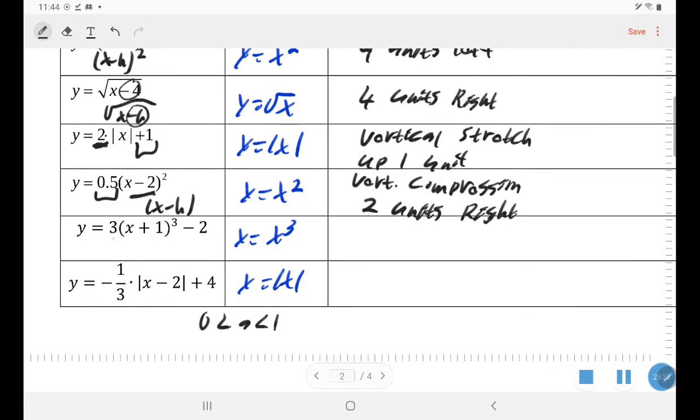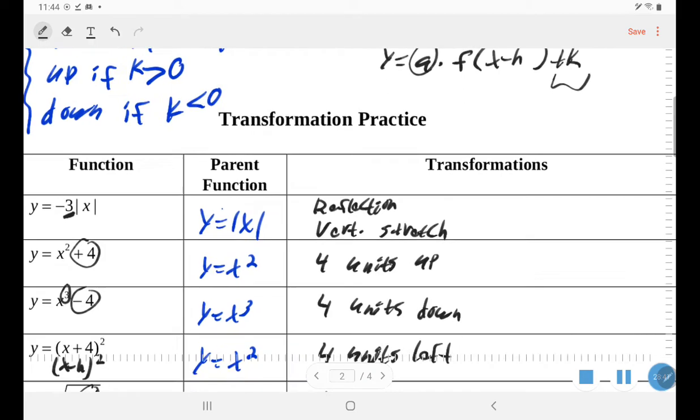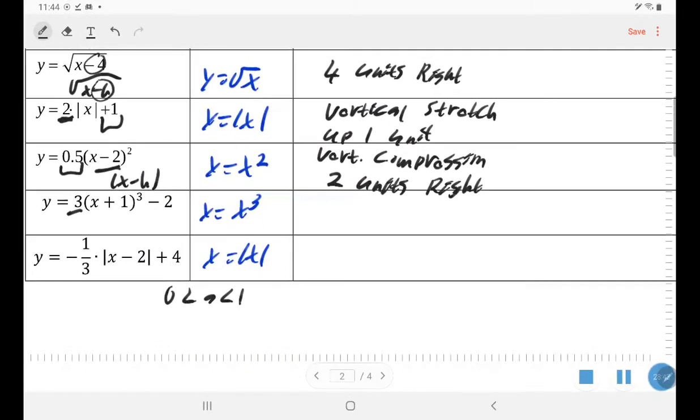Okay, this one's got 3 different things going on. First, I have an a value of 3. Since that is bigger than 1, I know that it is going to be a vertical stretch. Okay, again, here I have an x minus h. I have a horizontal shift. If negative h is 1 or +1, then h is -1.